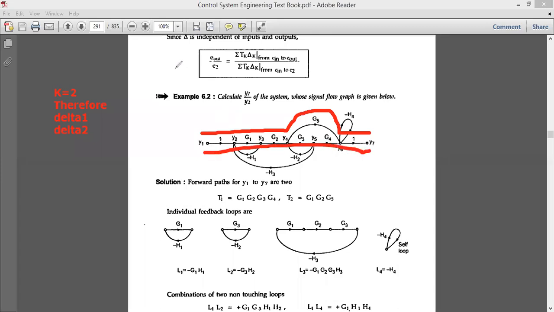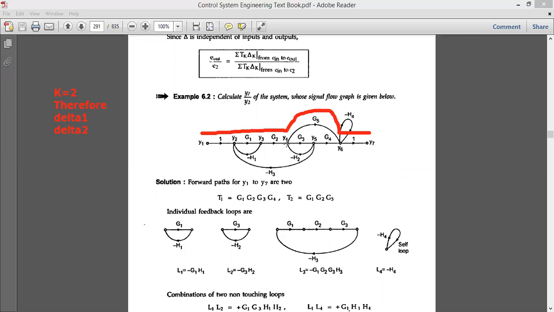Okay, so for the second forward path, check whether all the loops you have seen here are touching the forward path or not. My first loop is touching the forward path, yes, because y2 and y3 are on this particular line. What about the second loop?